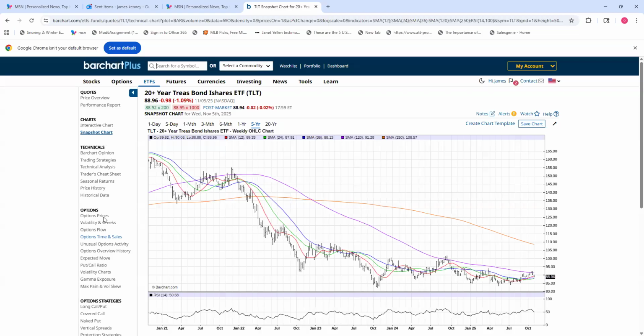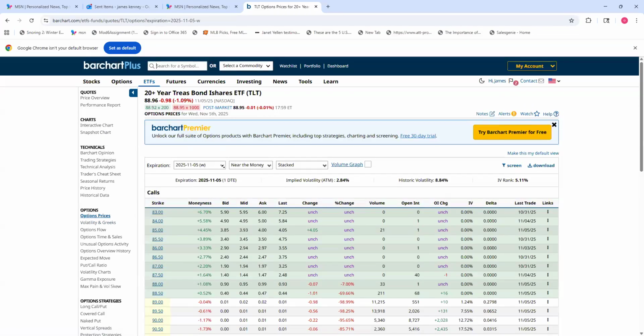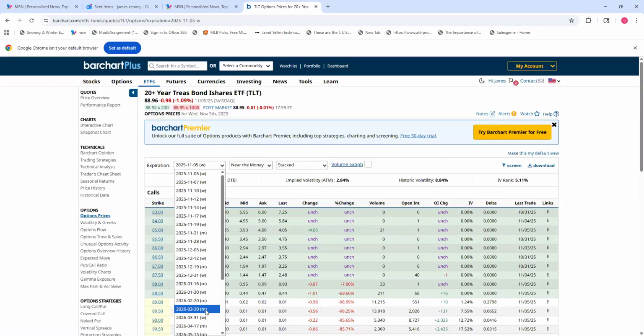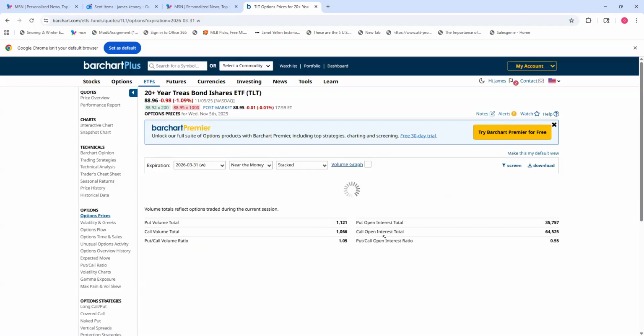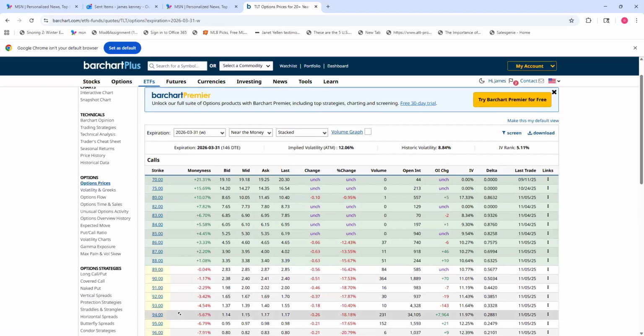You go over to the option prices here, and you go to March of next year. And that means you got the rest of this year, the first quarter of next year. And say you bought the 92 calls because it needs to break above 92 or it's no good. It's 170 bucks.